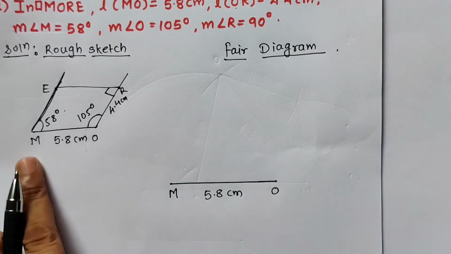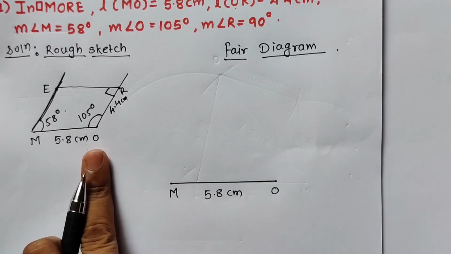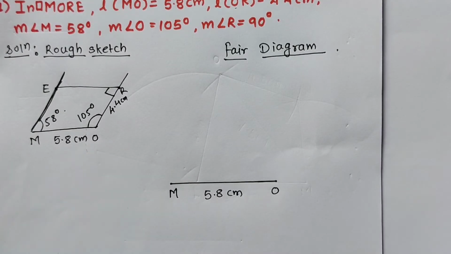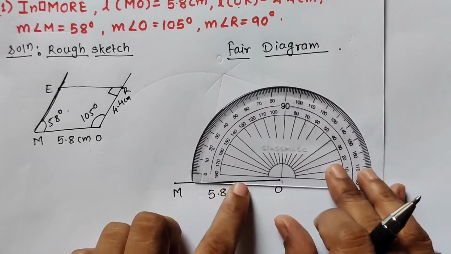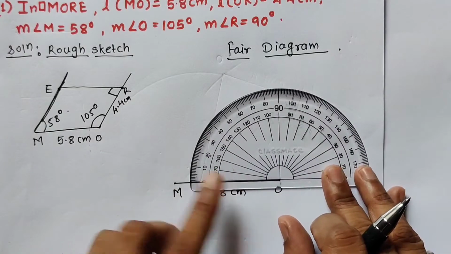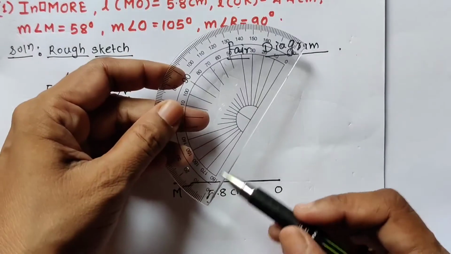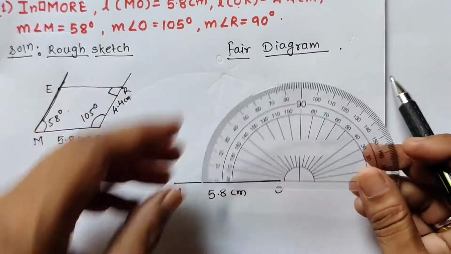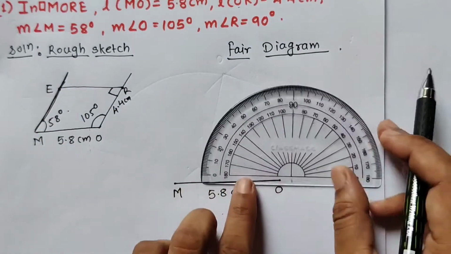Okay. Now after that we are going to draw this point. From point O we are going to draw our angle O of 105 degree. So for that we have to take our protractor. Place the protractor on O. See that this line, base line of protractor should coincide with our segment MO.